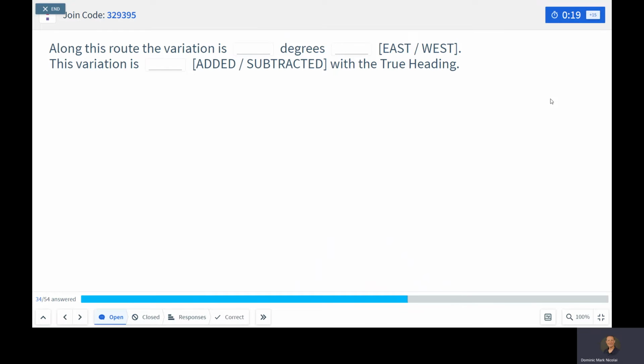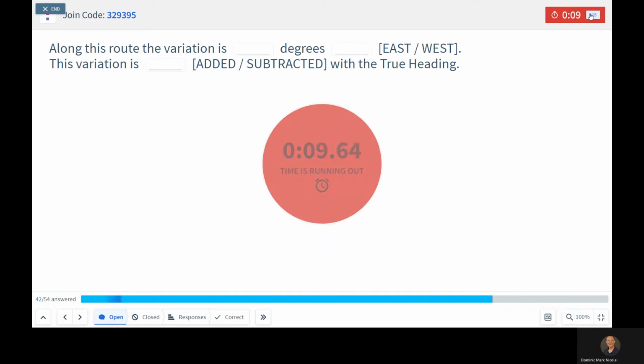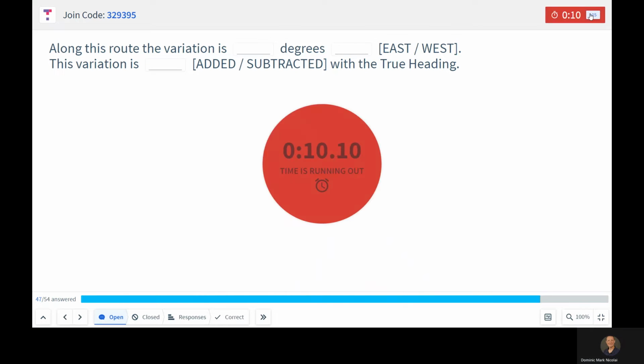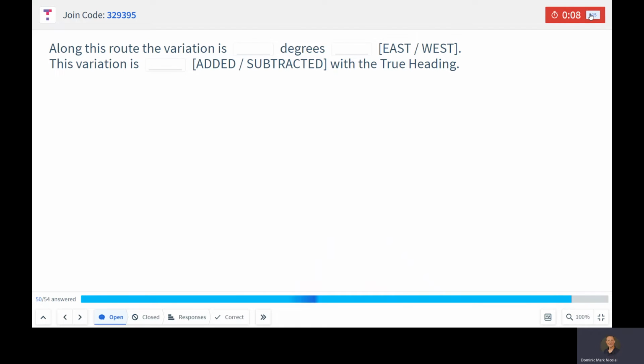Okay, remember, we're just looking at the chart here, finding the variation. East is least, west is best. You are right.